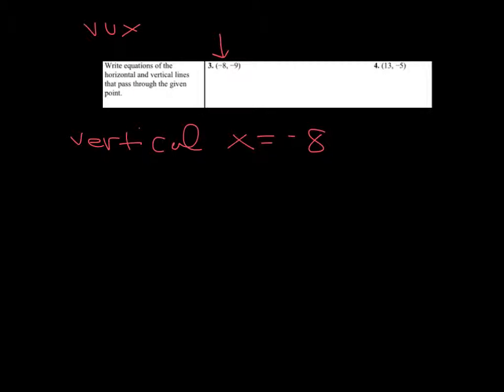The horizontal line, remember that's HOI, that's y equals. So the horizontal line that passes through that same point would be y equals -9. If they want vertical, you're looking at the x coordinate of your point. If they want horizontal, you're looking at the y coordinate of your point.